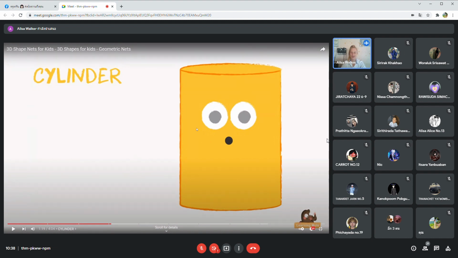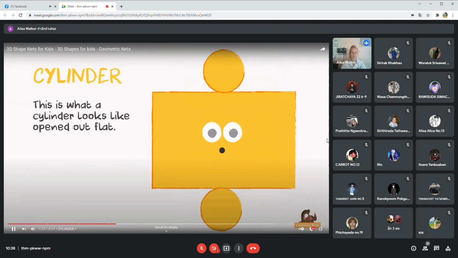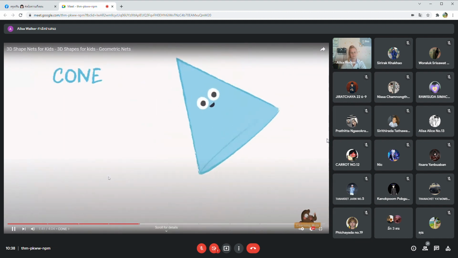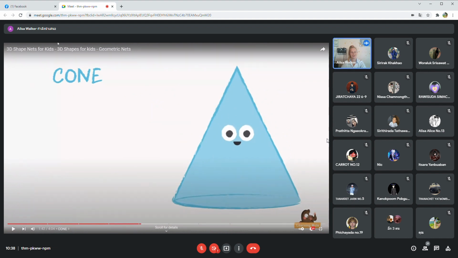Let's look at the net of a cylinder. What 3D shape is it? Cone. Yes, good. Let's look at the net of a cone.